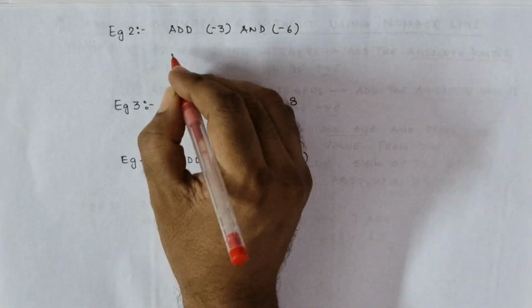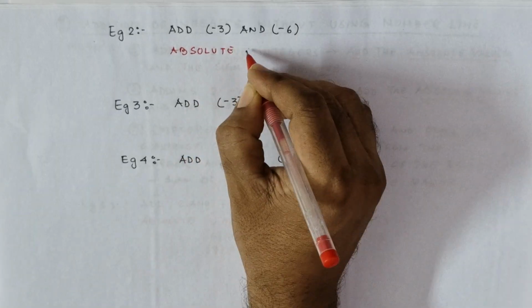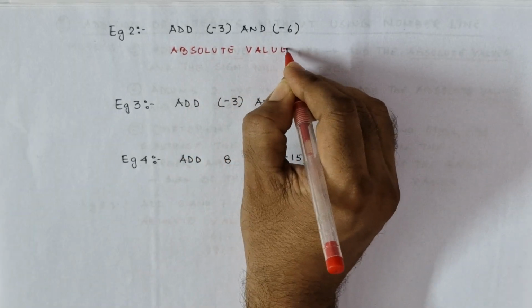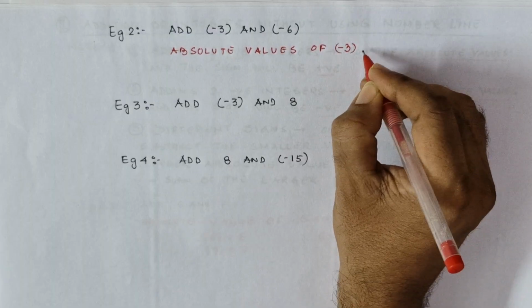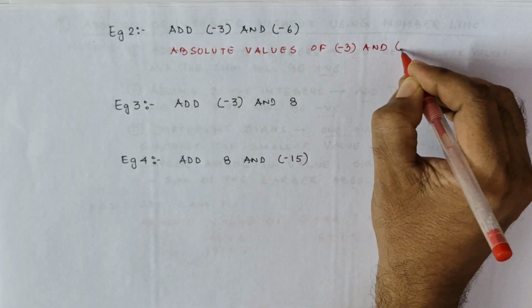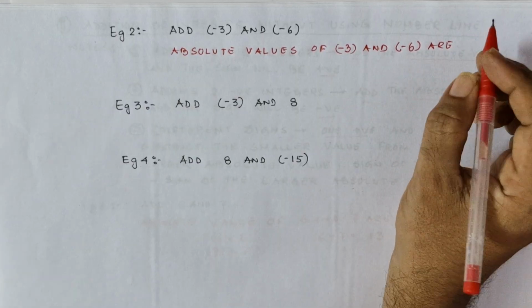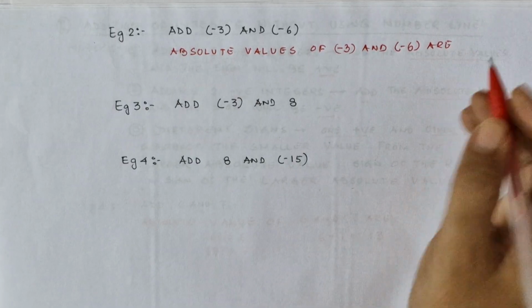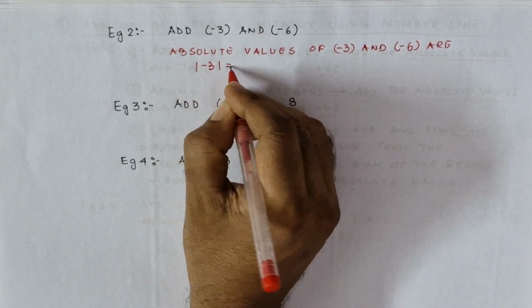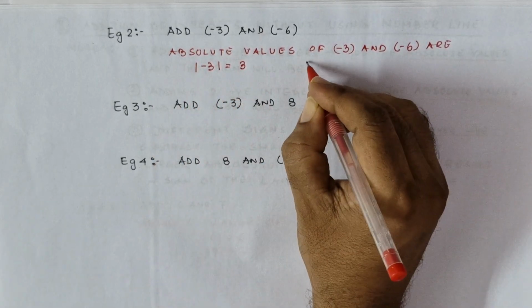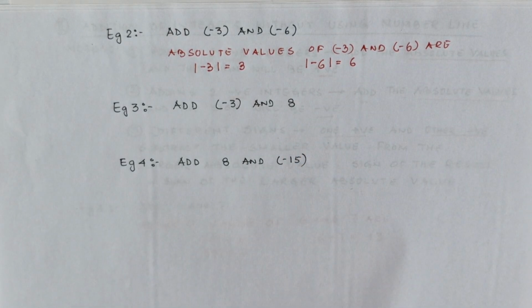So the absolute values of minus 3 and minus 6 are 3 and 6.